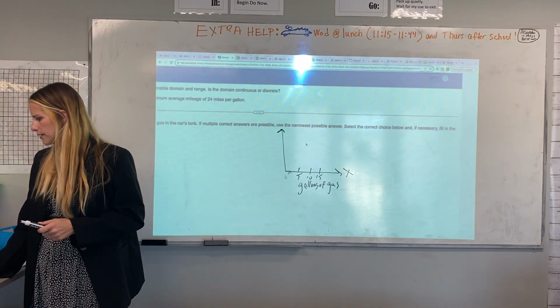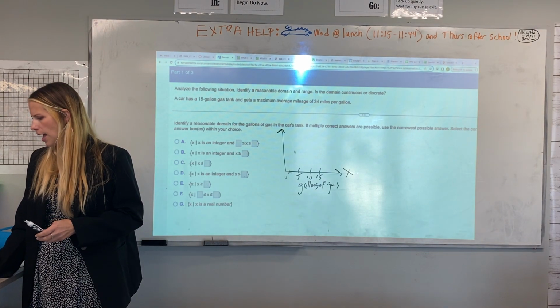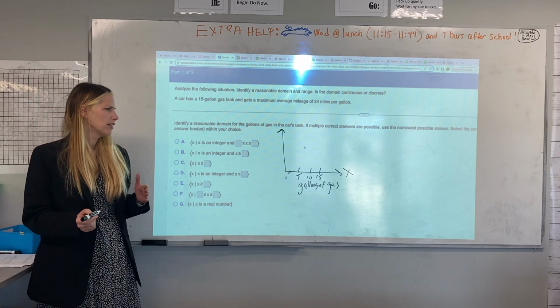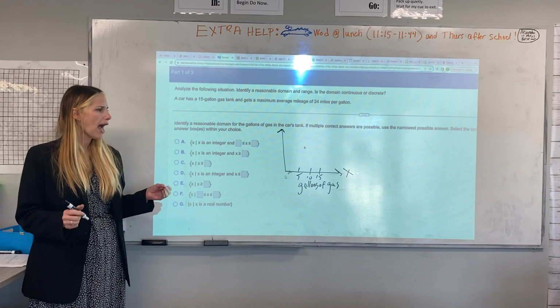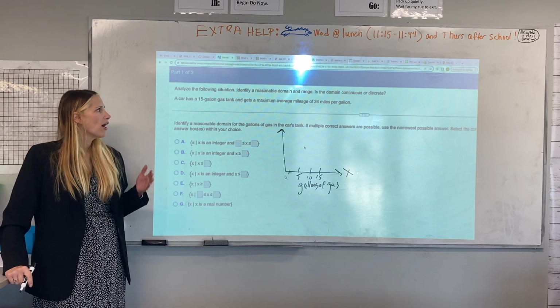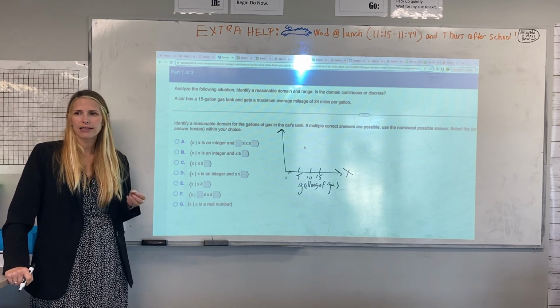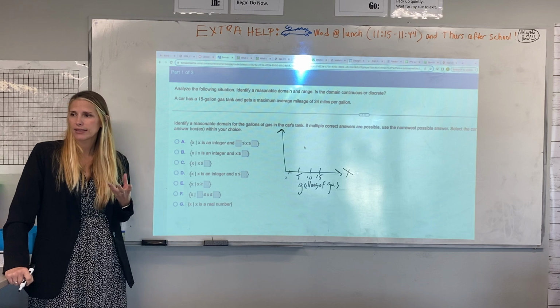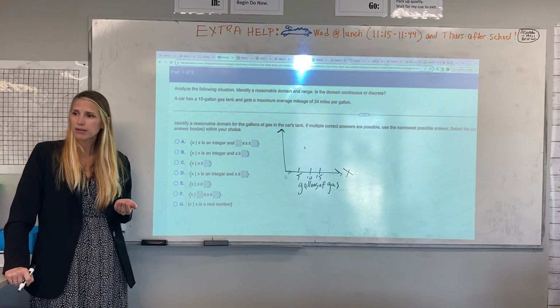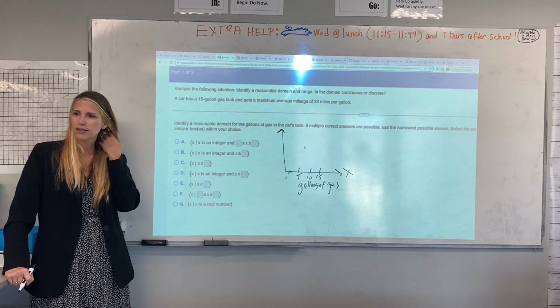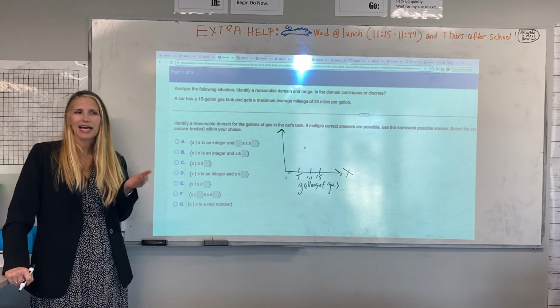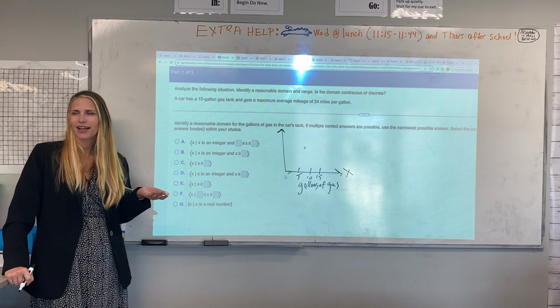So how do we identify our domain then? If the car has a capacity of 15 gallons of gas, that's what it's allowed to have. Is there a limit there? Yes. What's the limit? 15. What else is the limit? Can I have a negative gallon of gas?